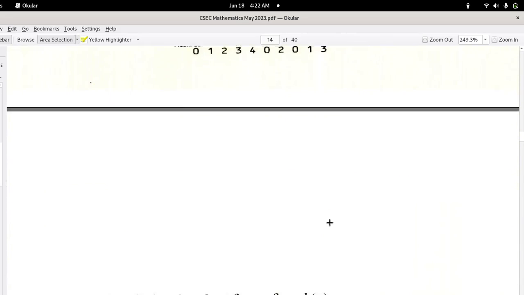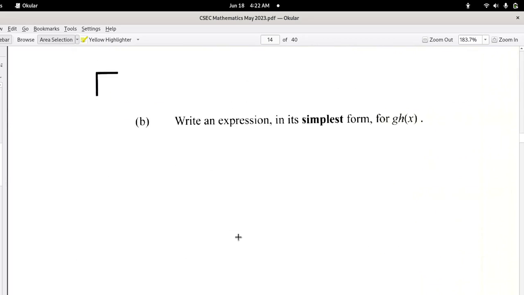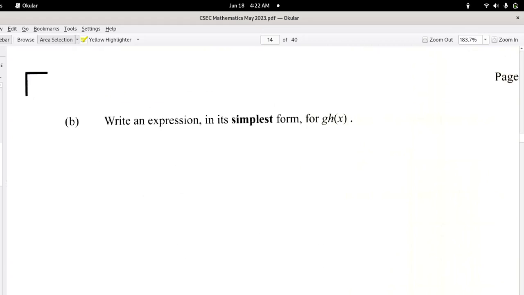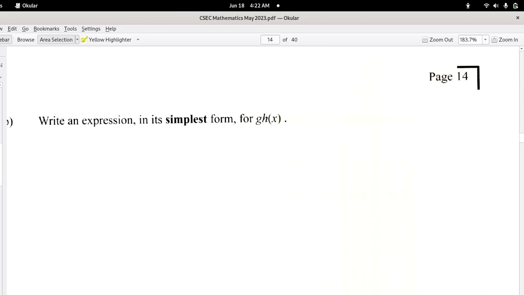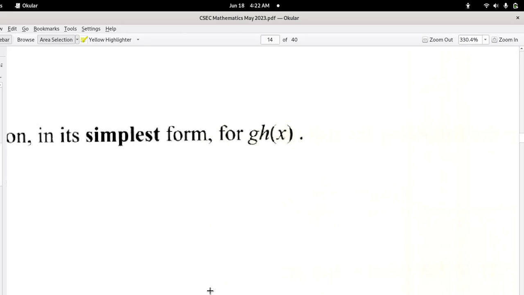Okay. Let's see what else is going on. Okay, we have part B. Let's write an expression in its simplest form for gh of x. That's 2 marks. Gh of x, simplest form.